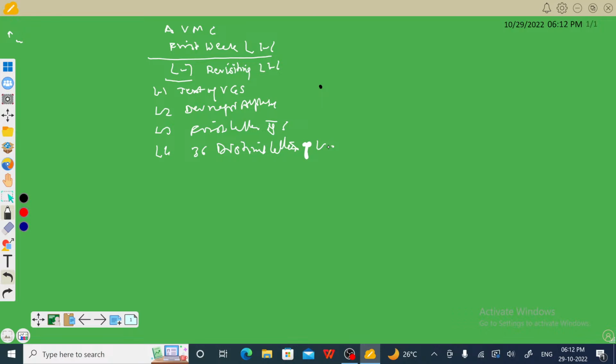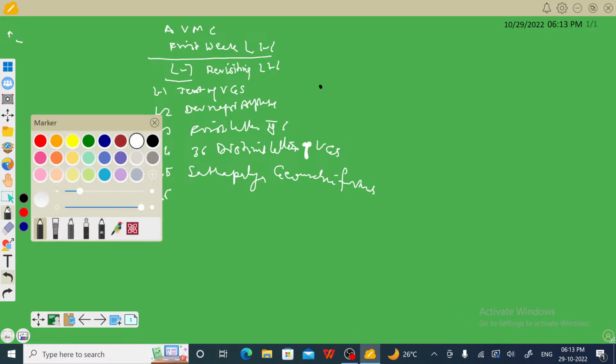Lesson 5 has been Sthapatya, geometric formats. And sixth has been about eight directional frame.